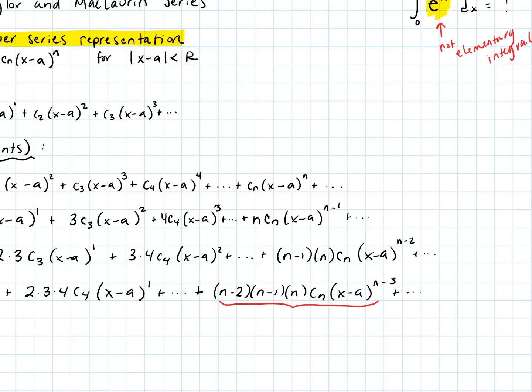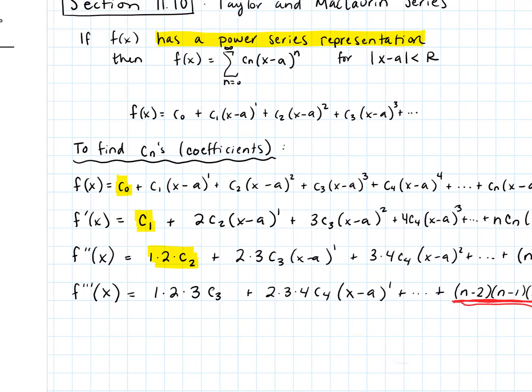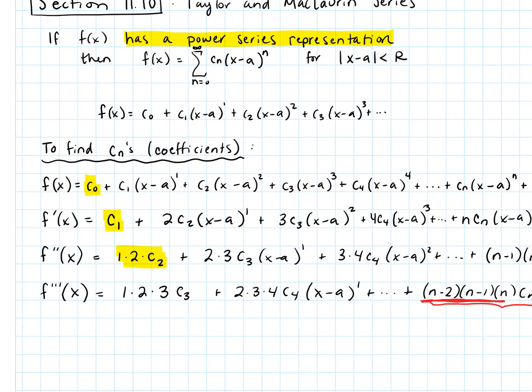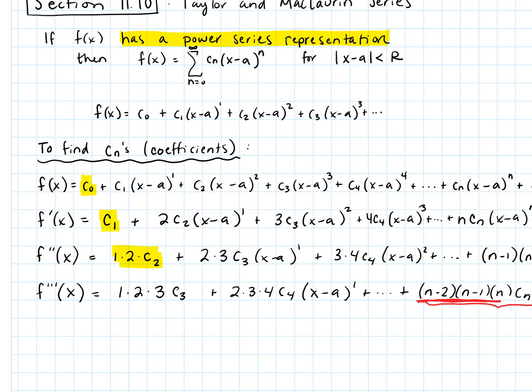What ends up happening is this piece of it starts to resemble a factorial, until we get all the way to the point where we've taken n derivatives and we're doing n minus n, so that's 0. By the time we get to the nth derivative, we have a factorial in front of the coefficient, and the factorial matches the derivative that we've taken.